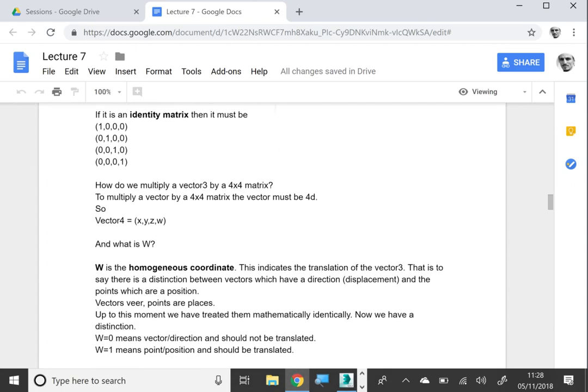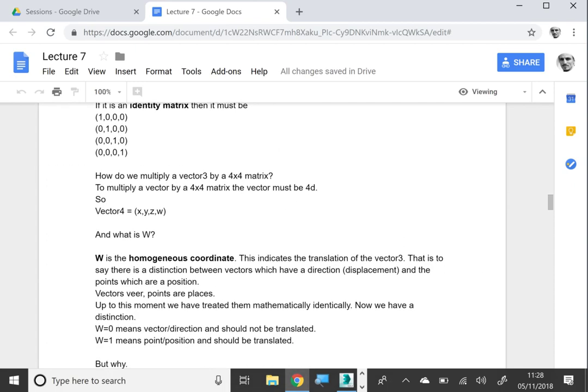Still, there's another problem. How do we multiply a vector 3, x, y, z, against a matrix 4? Okay, well, let's just add another column on. So to multiply a vector by a 4x4 matrix, we must have a 4D vector. So we get x, y, z, and w.